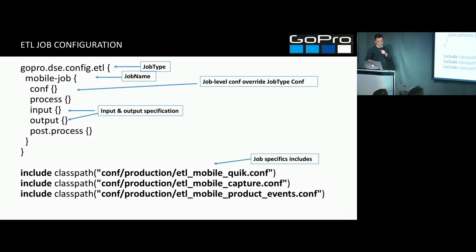And in the process, we define which class you want to use. You want to ingest a file to Hive table writer, or you want to ingest an HBase table, or you want to ingest a table to a Hive table. The input will be the input path, or input database and table. The output will be the final output table and the final output database. And the post process covers whether you want to keep the input source or archive the input source.